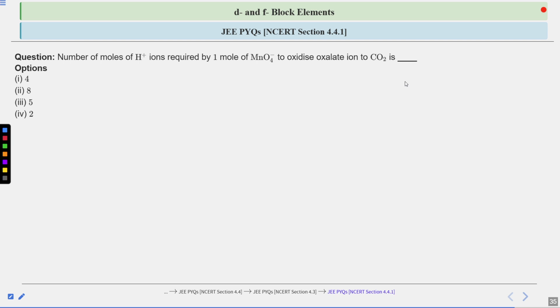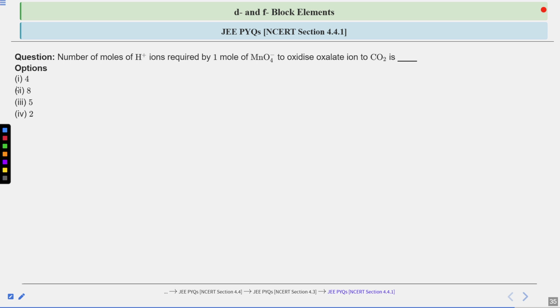You have to tell the number of moles of H+ ions that you are going to need for 1 mole of MnO4- to oxidize the oxalate ion to carbon dioxide.